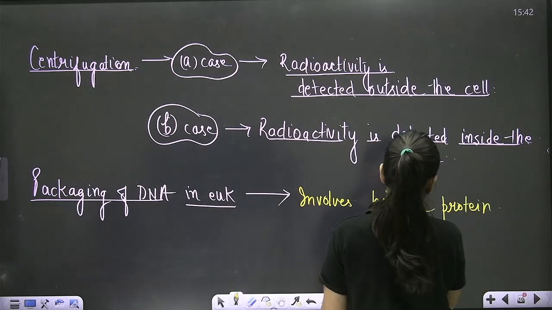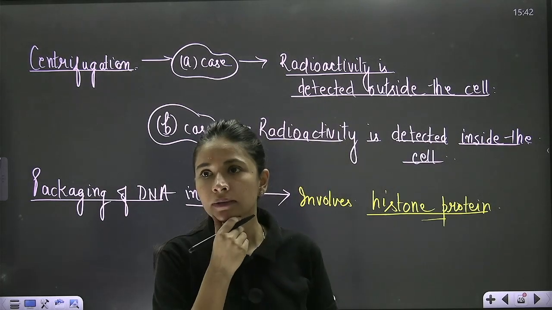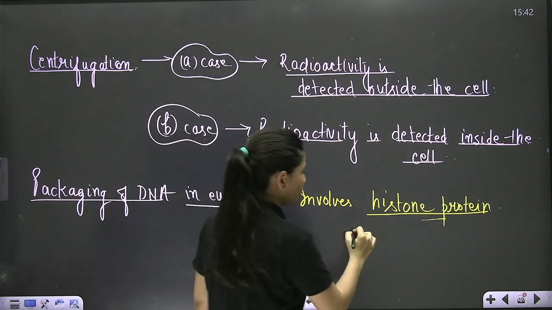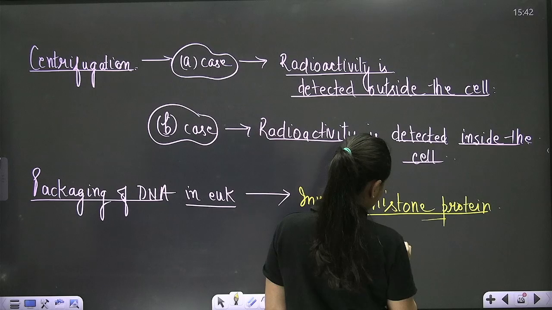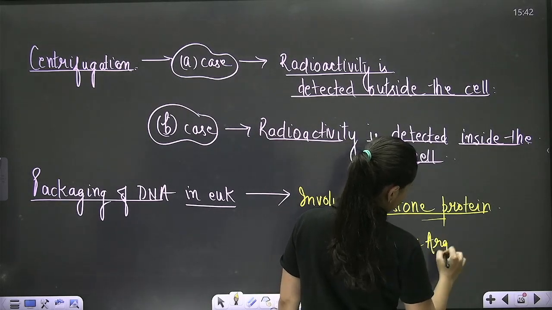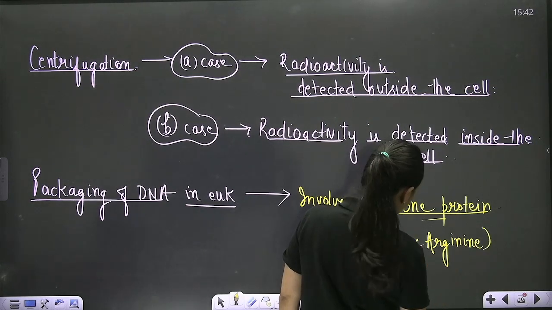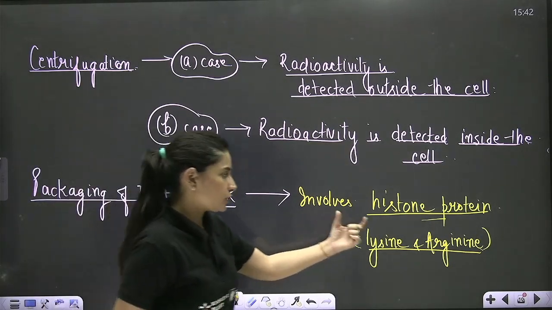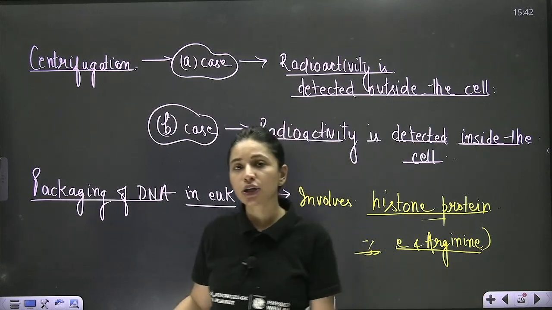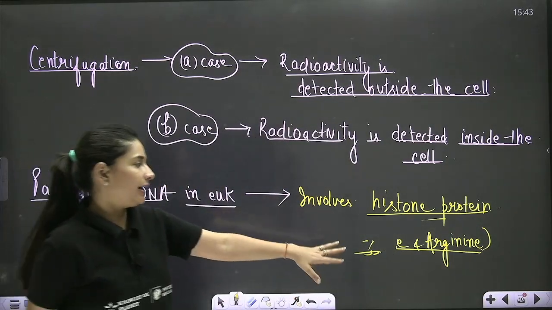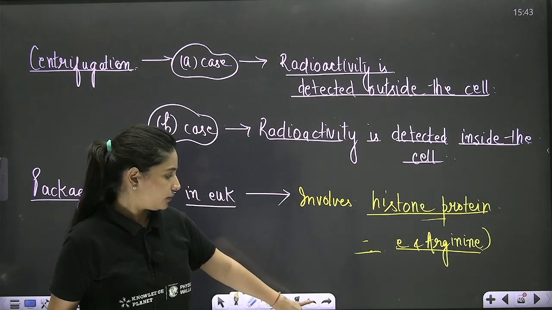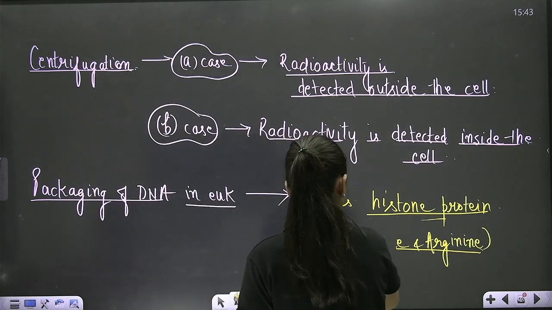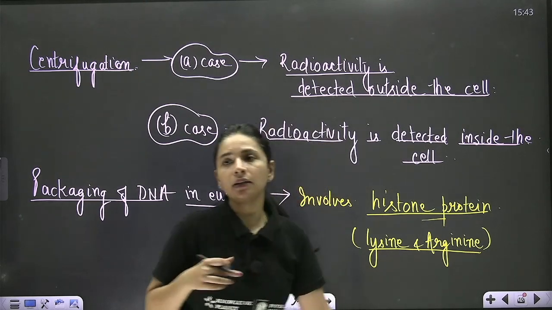These are basic proteins, positively charged proteins, made up of two amino acids, lysine and arginine, correct?